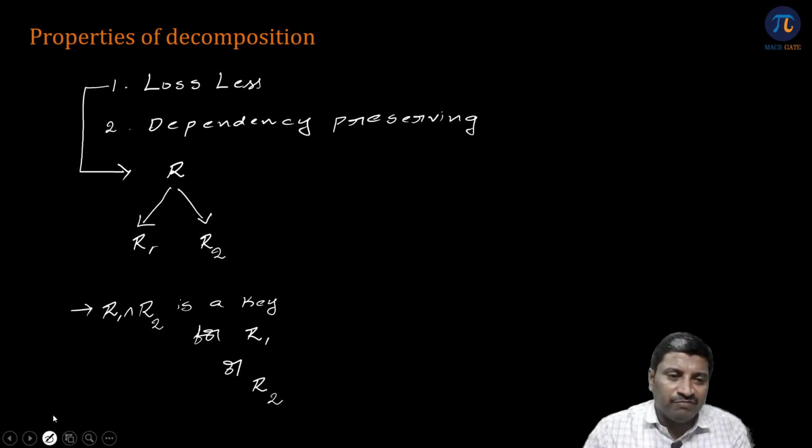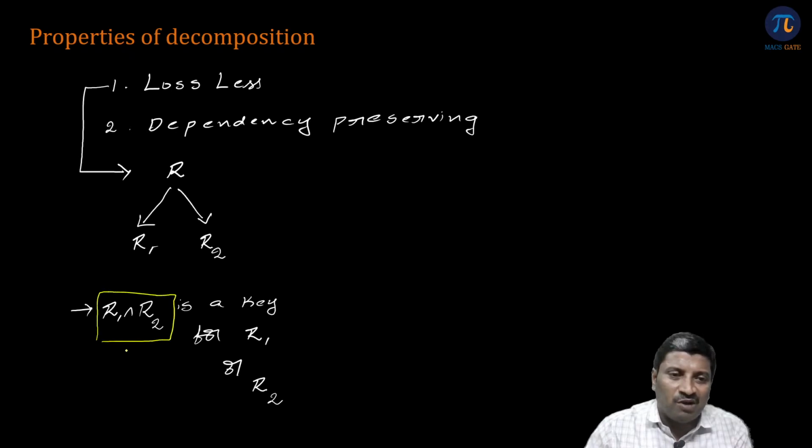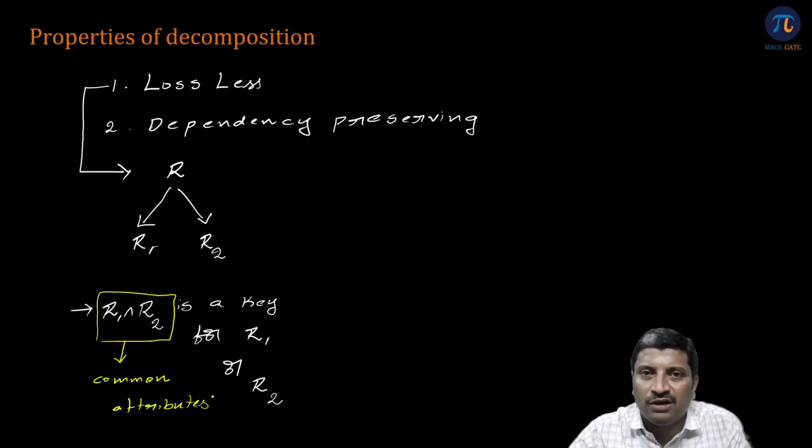What is the meaning of R1 intersection R2, sir? This is the set of common attributes of both relations. So we consider the common attributes and verify whether they form a key for R1 or R2. Fine. So this is what we have completed.